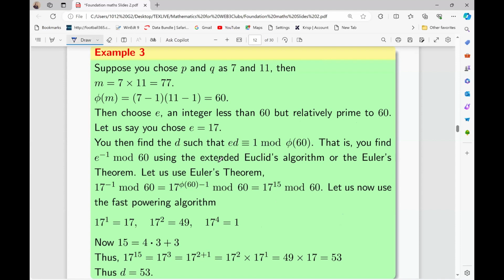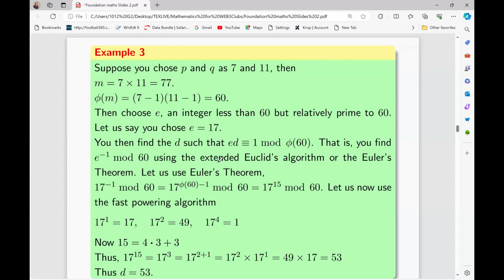So what are our keys? Remember, it was us that are supposed to receive the message. So we kept this and this private. We had to make 77 public and also make E public. So this is the encryption key.